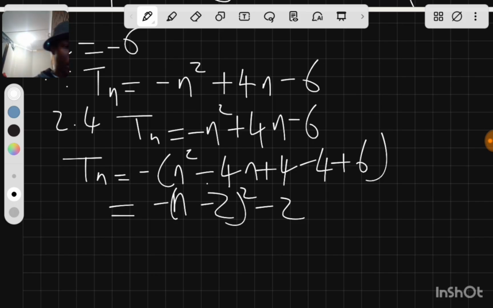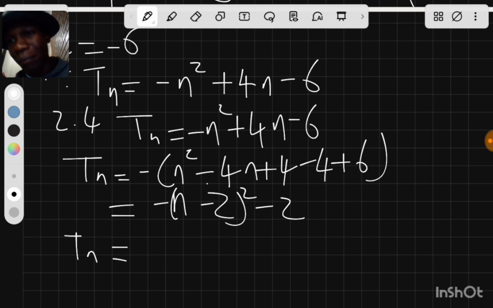So this is our pattern. Then we want to know the maximum of this Tn, which is negative 2, so there is no positive term. So we'll be done with this question.